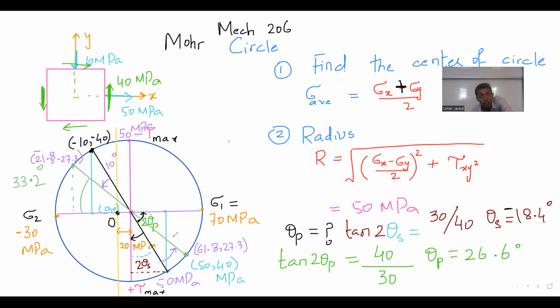No, this is 20 degree. Why? Because on Mohr circle, every angle is double. So if I had asked you, give me theta equal to negative 10 degree, what would you have done? You would have gone from here, negative 20 degree clockwise and repeated the process.